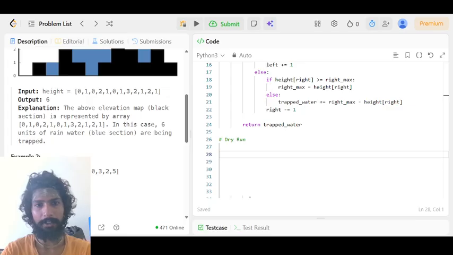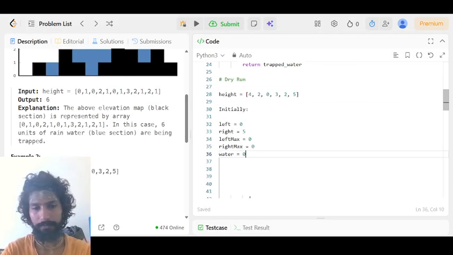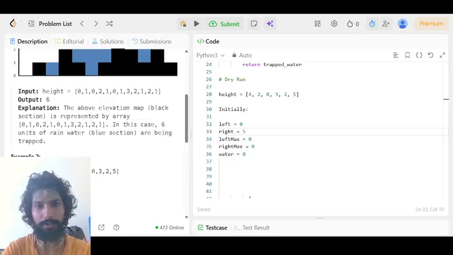So this is our height, and initially these are the values. Left equal to 0, right equal to length of this array is 6, so 5. Left max and right max are 0, 0 and water equals 0. So at step 1, we have height of left equals 4 and height of right equals 5.